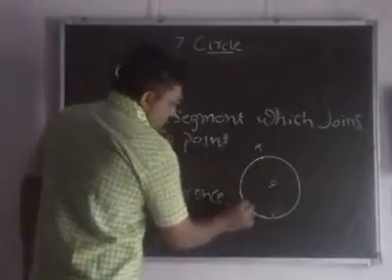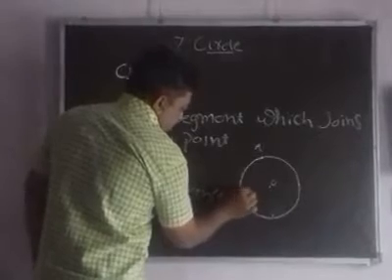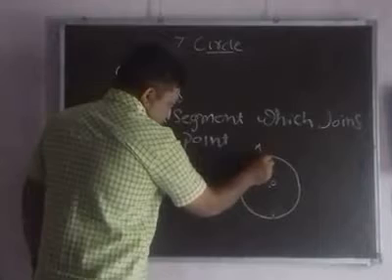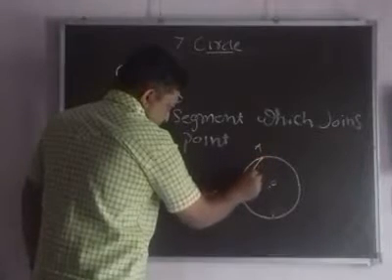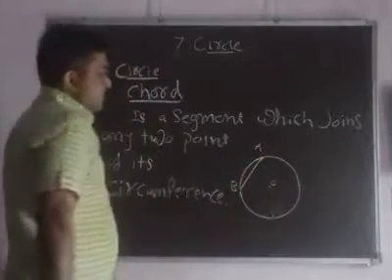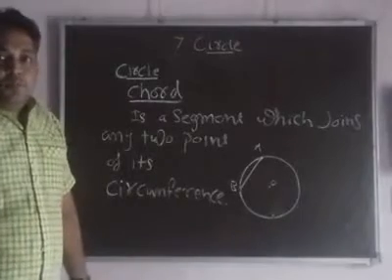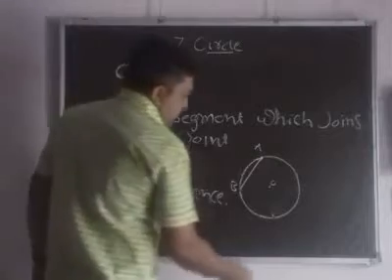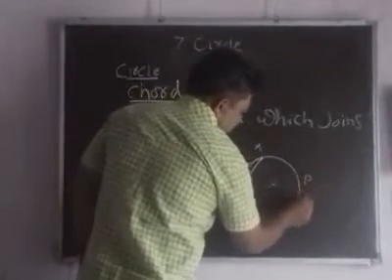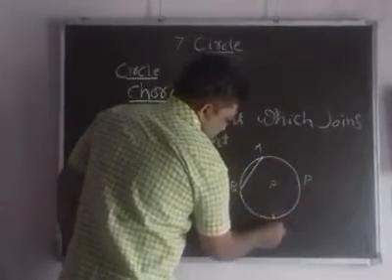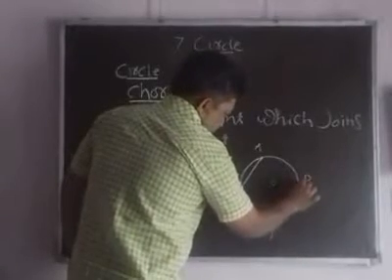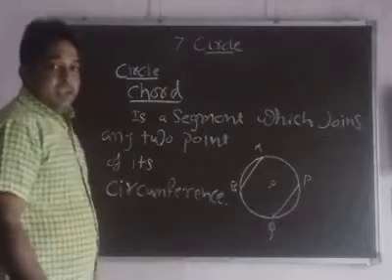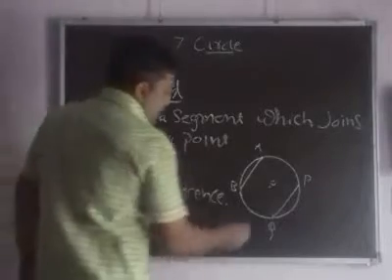Suppose here is 1 point mentioned as A. Suppose one more point is here mentioned as B, and the segment which joins A and B point is known as chord. In the same way, I can take so many points P and Q, and the segment which joins the points P and Q is also a chord.